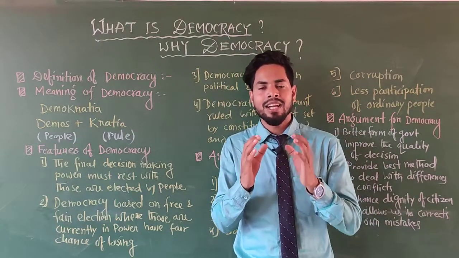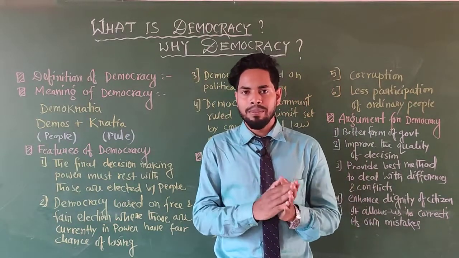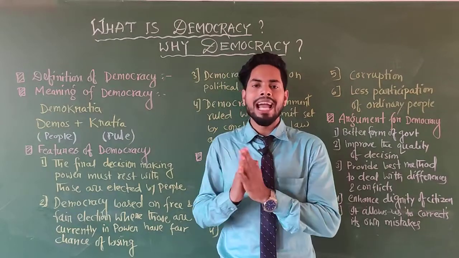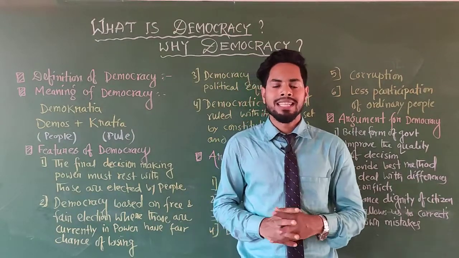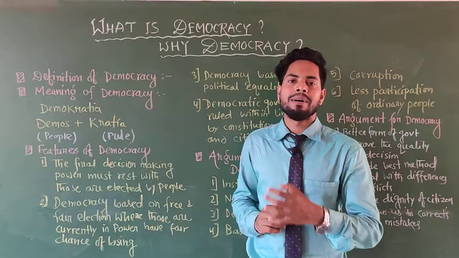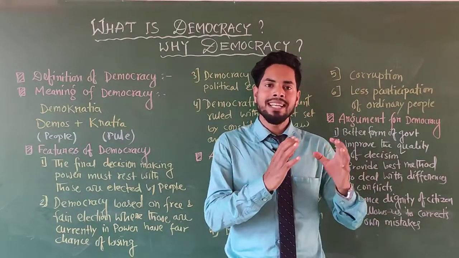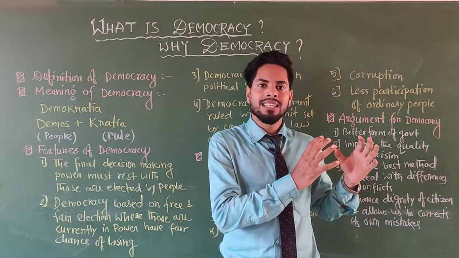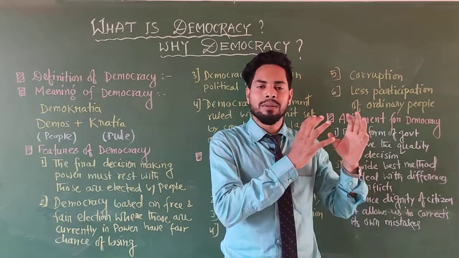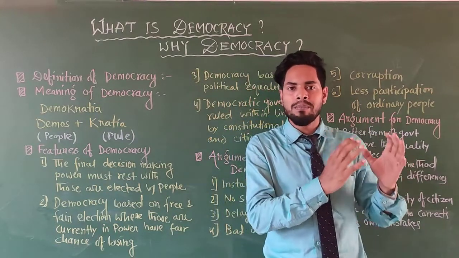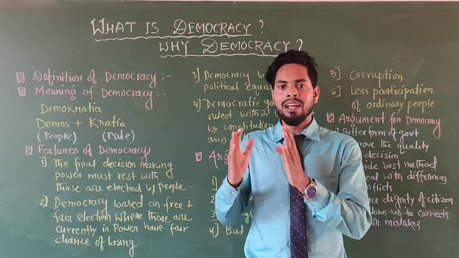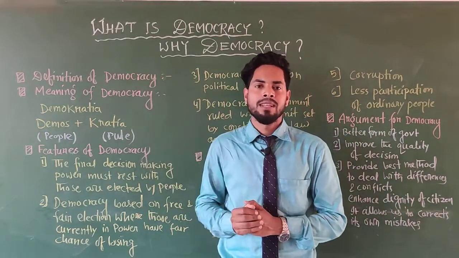Democracy is the government of the people, by the people and for the people. This definition is given by Abraham Lincoln. I repeat again, democracy is the government of the people, by the people and for the people.